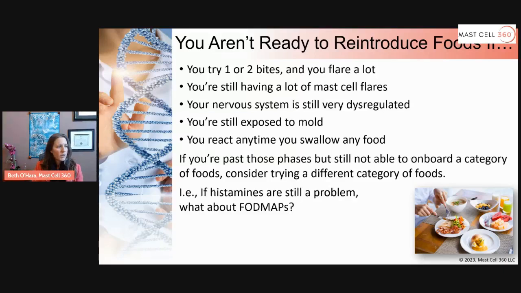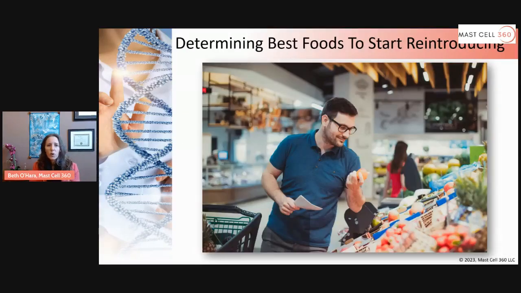So if histamines are still a problem, could you reintroduce some FODMAPs or some salicylates? That's one of the ways you can start to find your way through this. So let's look at some examples and some actual process on how to determine foods you can start reintroducing.